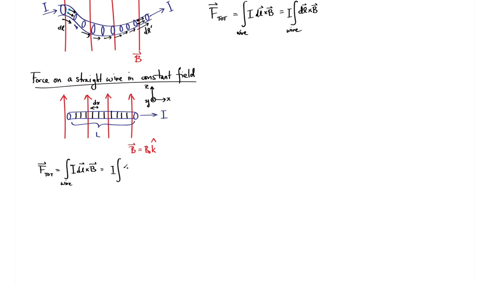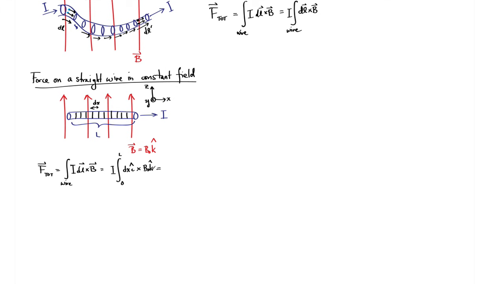So I can just rewrite this now as dx, and that's in the i hat direction, cross vector B, which is B naught times the k hat direction, right? And now, since I'm integrating over the whole wire, the integral will be from 0 to L. So I'm going to be integrating over dx from 0 to L.